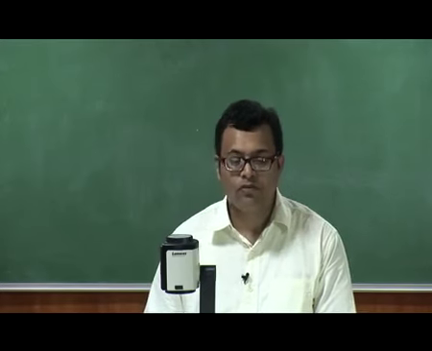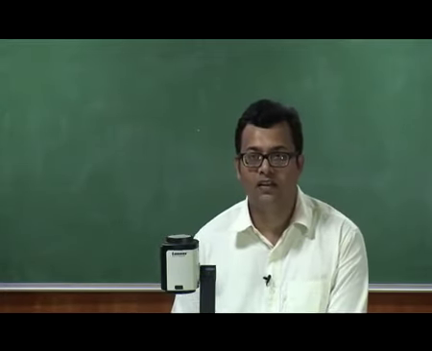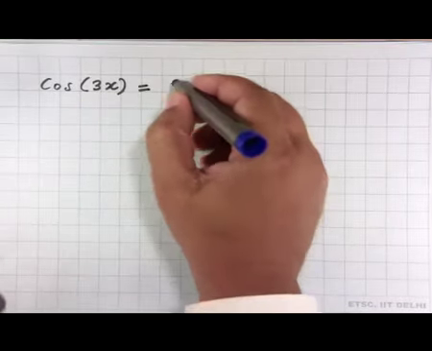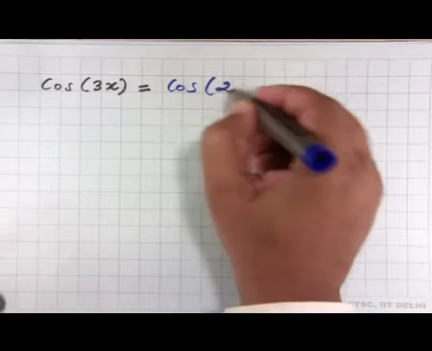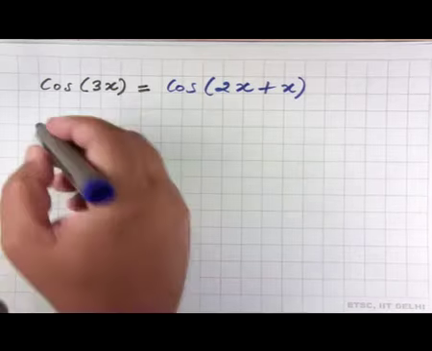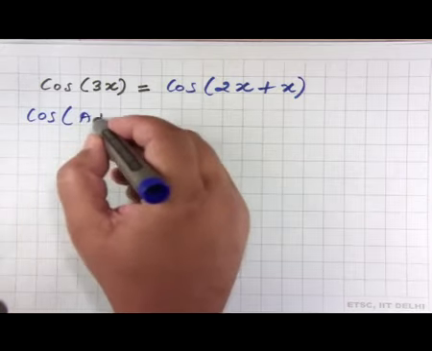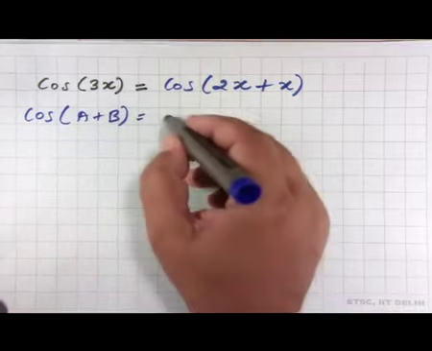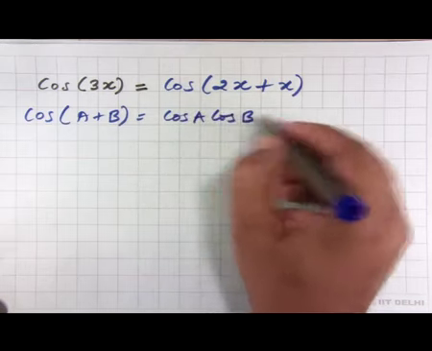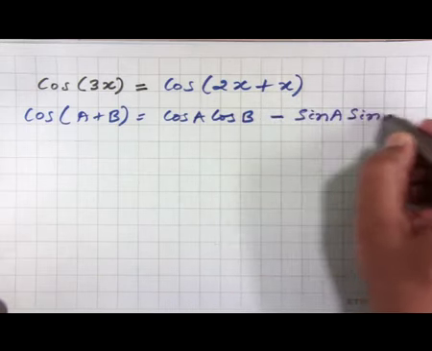Now, let us see how to calculate the cosine and sine of thrice of an angle. So, cosine of 3x can be written as cosine of 2x plus x, but we know that cosine of a plus b is cosine a cos b minus sine a sine b.